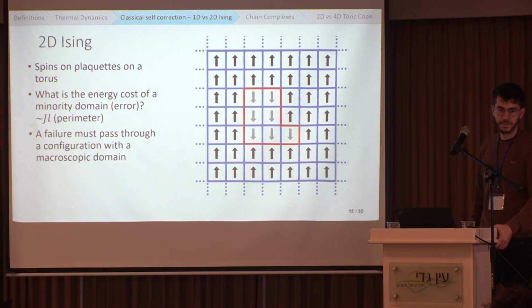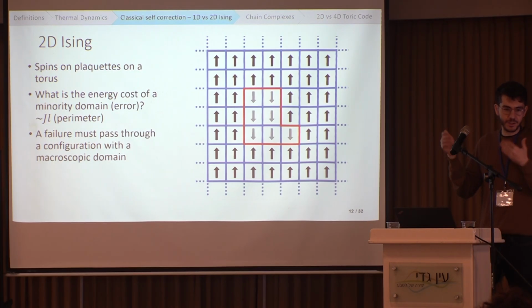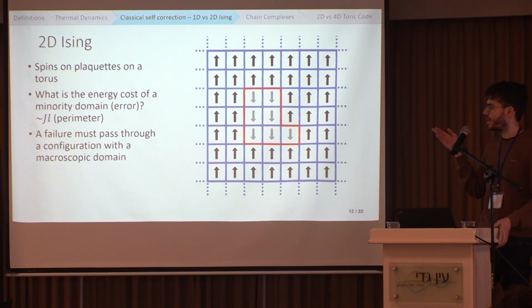Didn't you actually want to say that not only will the number of downs be macroscopic, but also the boundary will be macroscopic? That's correct. That's the point. When we have a large domain of down, we will also have to pay a very large cost, which is proportional to the perimeter of this domain. Yeah, because this is the difference between 1D and 2D.